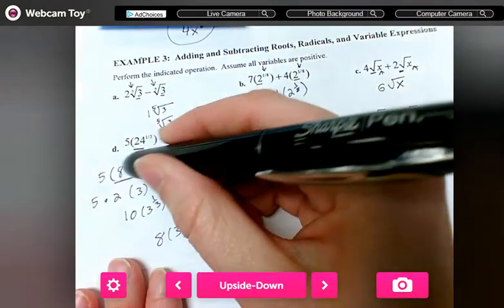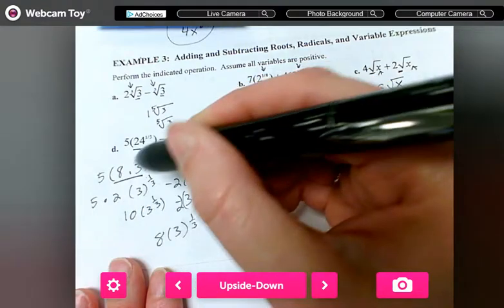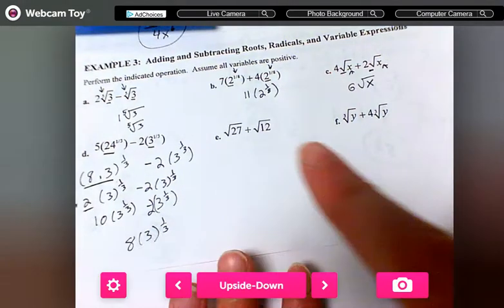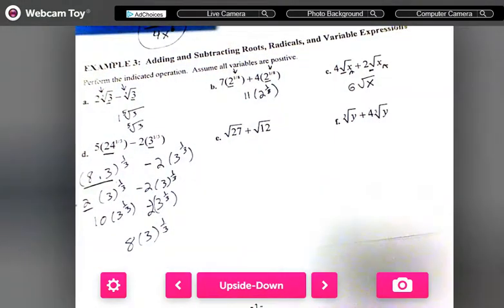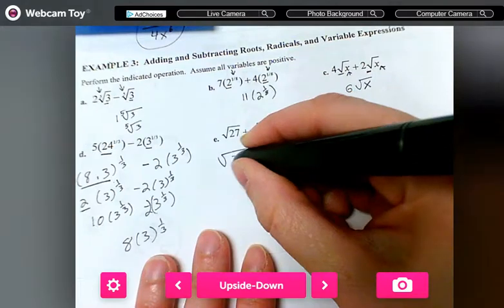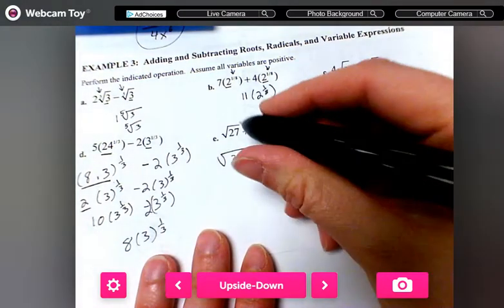Knowing that the 1/3 of 8 to the 1/3 gives me 2. Okay? So it's a little bit complicated with that. 27 and 12. We have to make the insides of these match. Okay? So what goes into both 27 and 12 evenly? 3. So 3 times what gives me 27? 9.